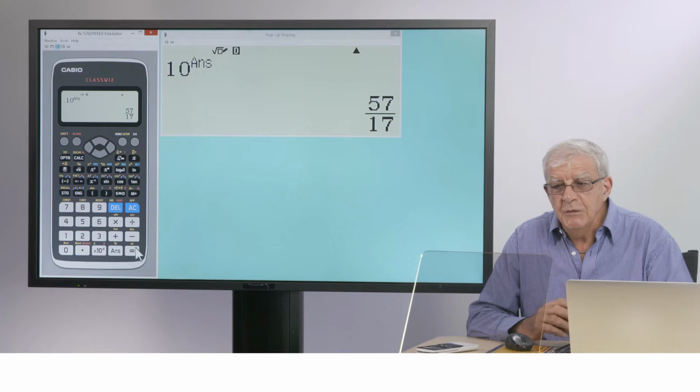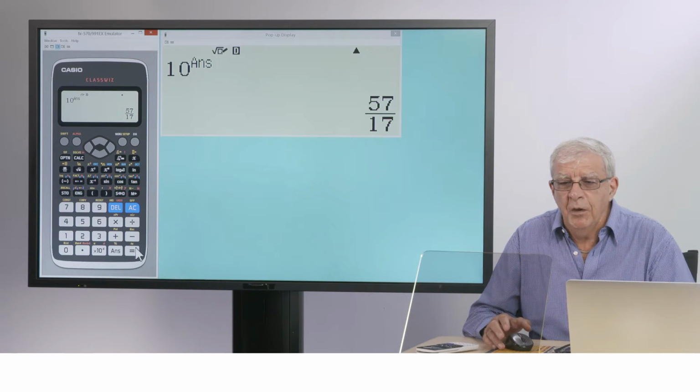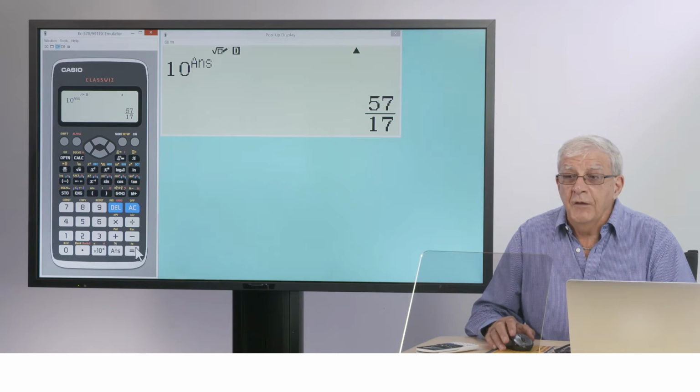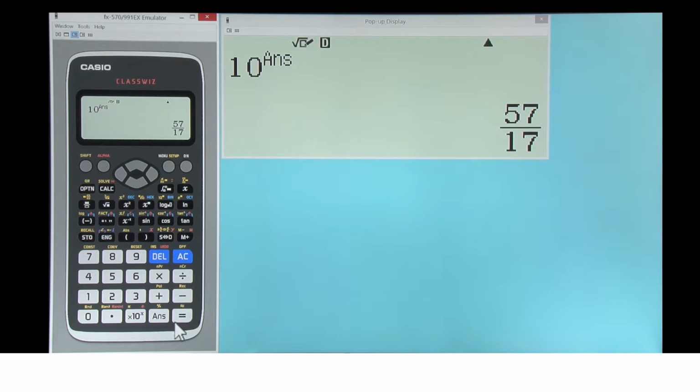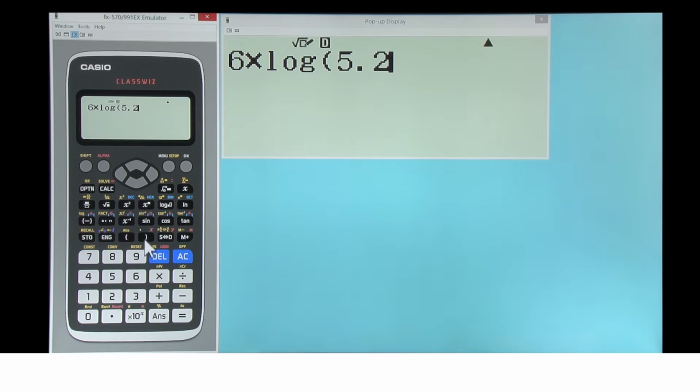Finding powers and roots using logarithms involved multiplying or dividing. For example, to find 5.2 to the power 6, you would need to multiply the log of 5.2 by 6. And we get a certain result.